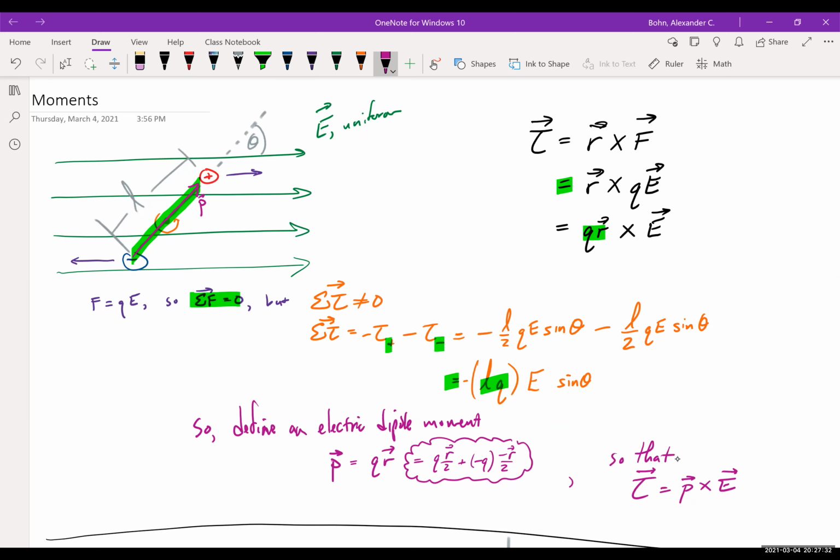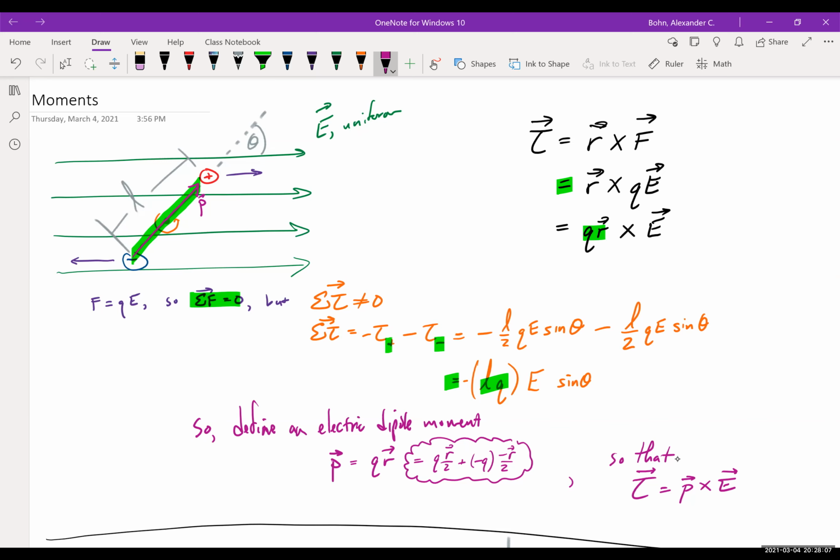QR, where actually the length of R is L. It's the whole size of the bond. And you could think of it like the positive charge is L over 2 away in that direction. And then the negative charge is L over 2 away in the opposite direction, but it's a negative charge. So those two opposites cancel out and we just end up adding. And we've got the magnitude Q times the length between them oriented from negative to positive.